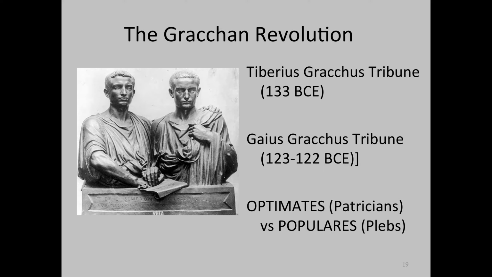So we have politics polarizing into a struggle between the so-called optimates and the populares. Populares would have been politicians like the Gracchi brothers. The Gracchi brothers are really the first of the populares.